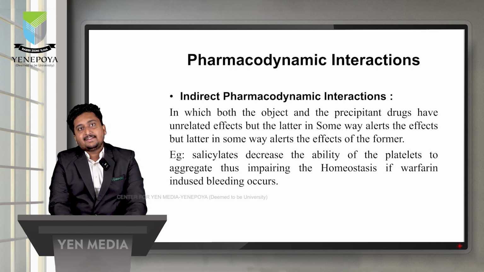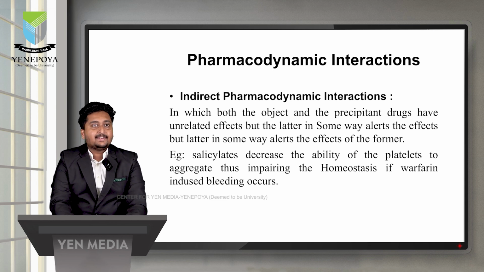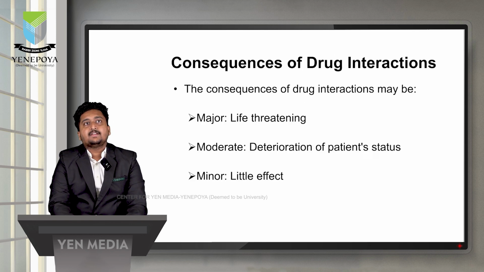Salicylates decrease the ability of platelets to aggregate, thus impairing hemostasis if warfarin-induced bleeding occurs. This is a classical example of indirect pharmacodynamic interactions.